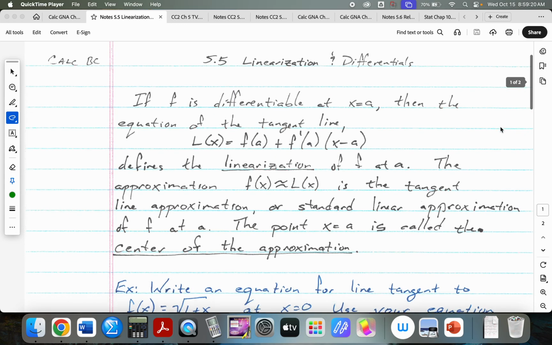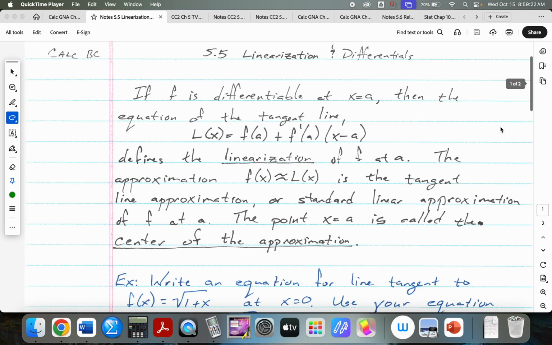All right, next we're going to look at linearization and differentials. So you know how early on we did several times where we would find the derivative of a function at a particular place and then use that to write the equation of the tangent line? Why would we ever do that?